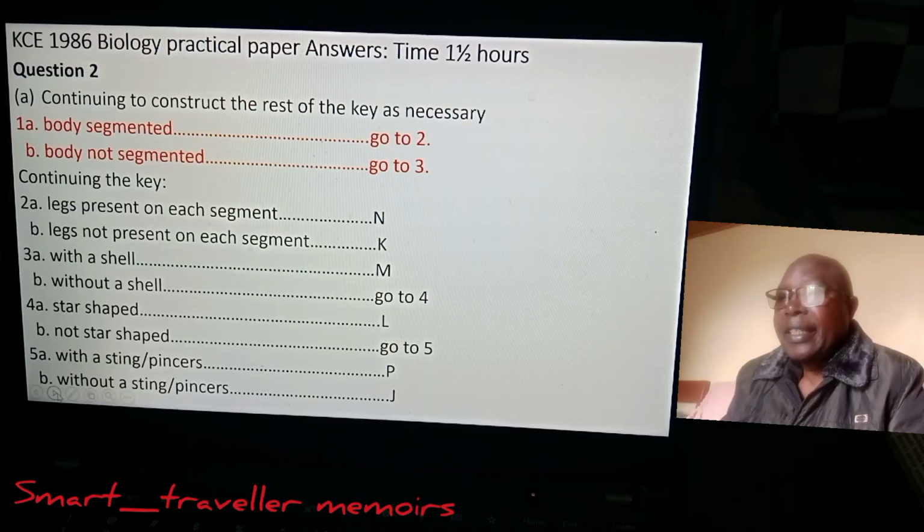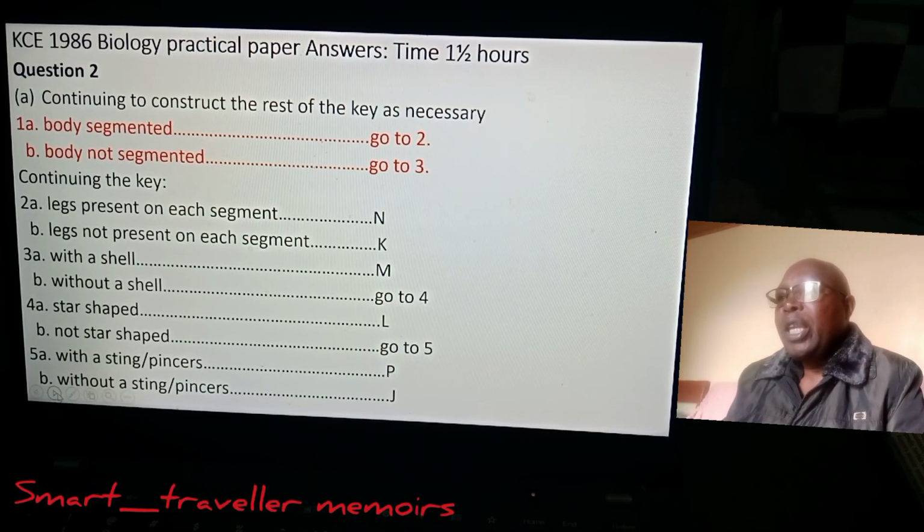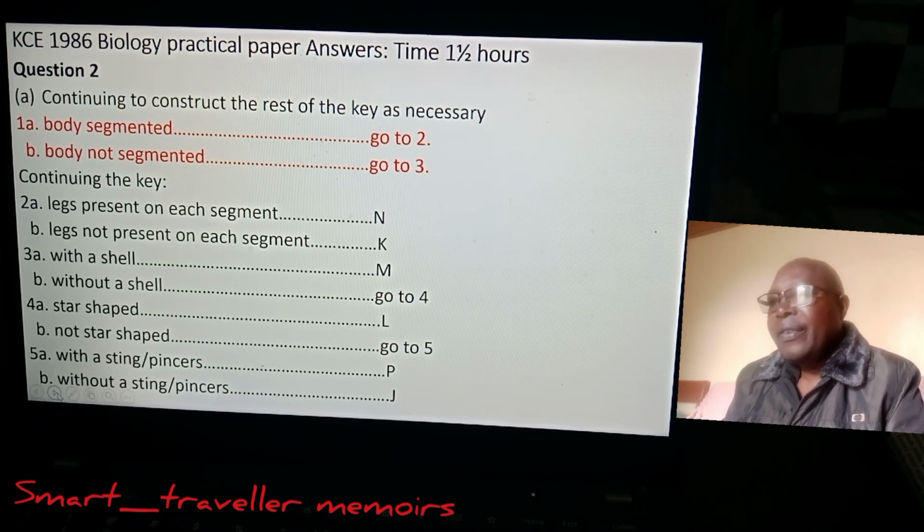Then you go to 1B there up, you go to 3, and when you go to 3A, you have, with a shell, you have identified M. And 3B, without a shell, you go to 4. 4A, star-shaped, L is identified. 4B, not star-shaped, you go to 5.